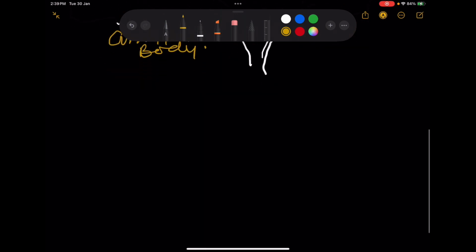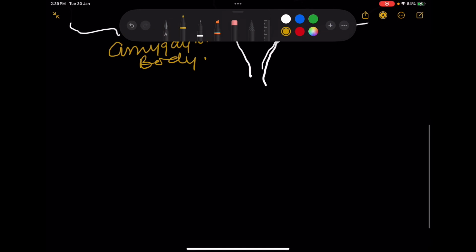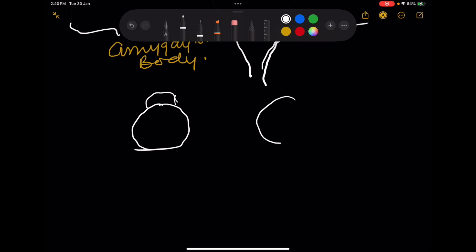Then we'll place the eyeballs. The cornea of the eyeballs, and we will trace the temporal fibers like this, and they'll go to the same side.